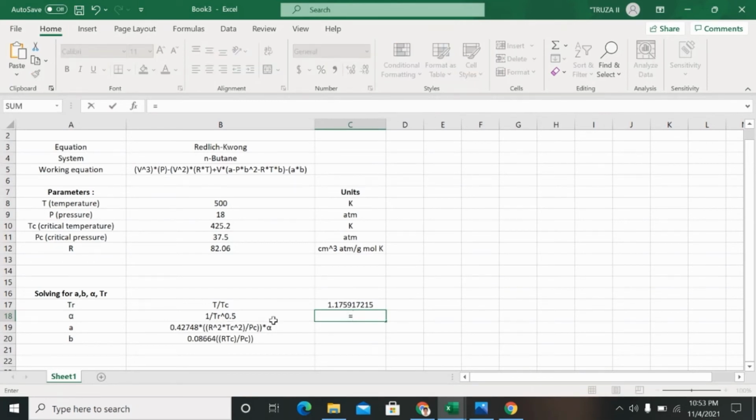Also the alpha, which is 1 divided by TR to the 0.5, and we have this value.